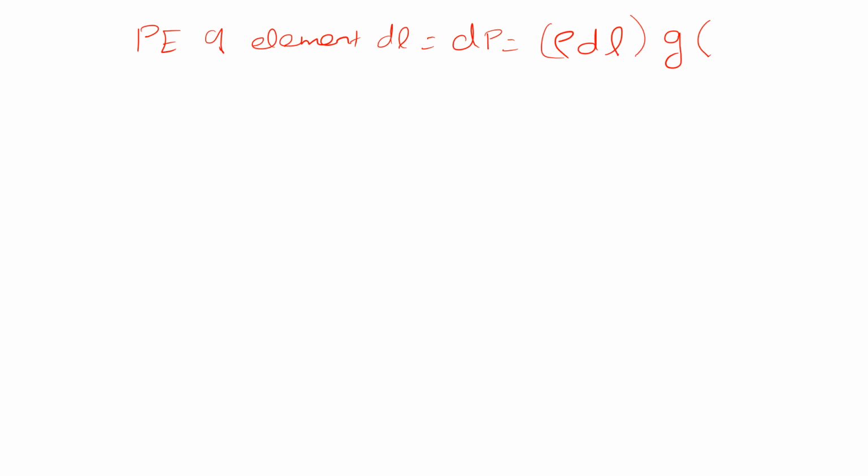Here we have already seen this is the length, and we have taken a point Q here. If this is theta, then for a small length l, this distance will be l sin theta and this is l cos theta.